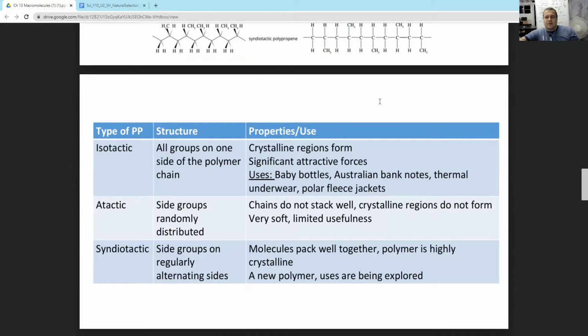So isotactic, very strong plastic. Try and rip it. I'll just show you back, but you won't be able to do it. It's made from recycled polymers. Atactic, they're randomly distributed all over the place, right?